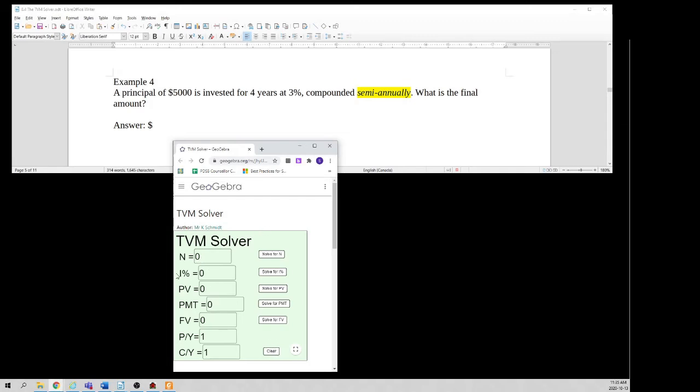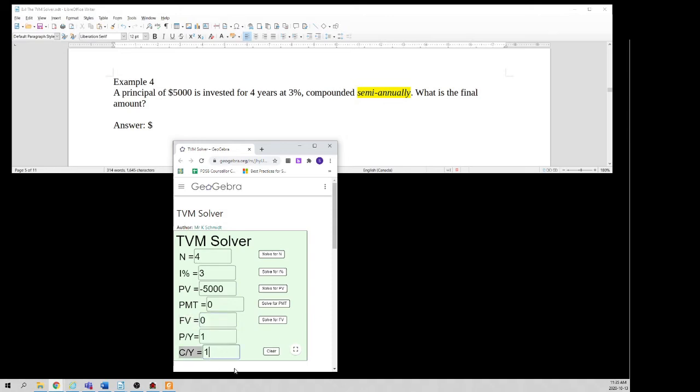Principal of $5,000 is invested for 4 years at 3% compounded semi-annually. What's the final amount? This is similar to one of the previous questions, except we just changed it to semi-annually. So we've got 4 years, 3%. We're going to take that $5,000 out of our wallet. We're going to be solving for the final value.